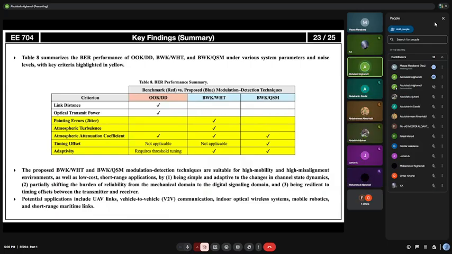Finally, in table 8, we summarize the bit error rate performance of the three modulation and detection techniques under various system parameters and noise levels, with key criteria highlighted in yellow.